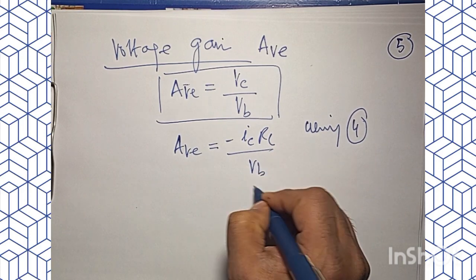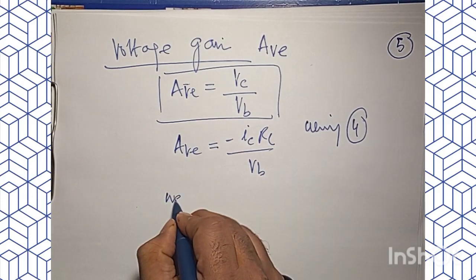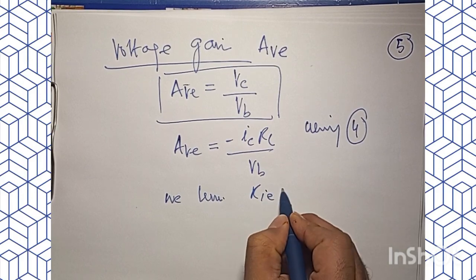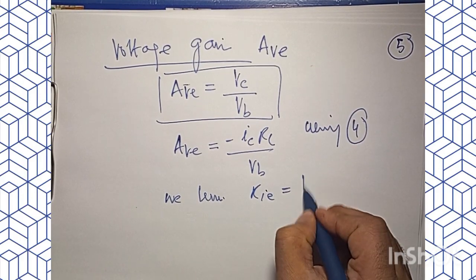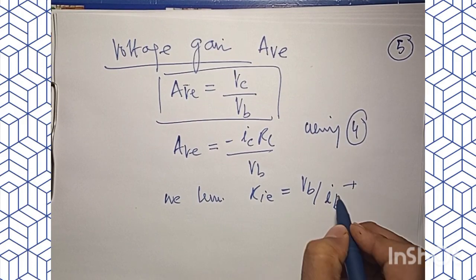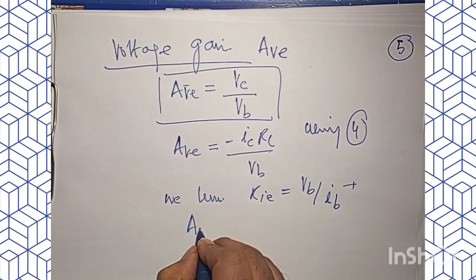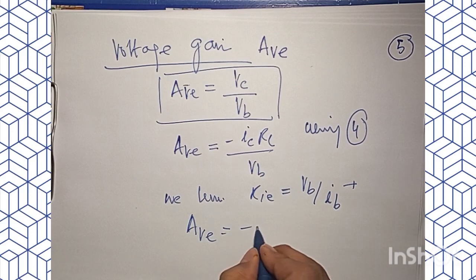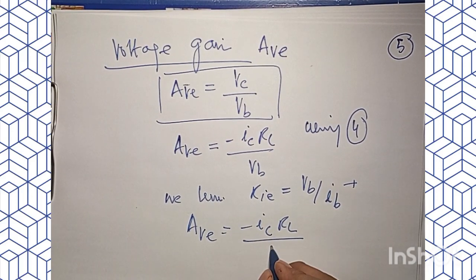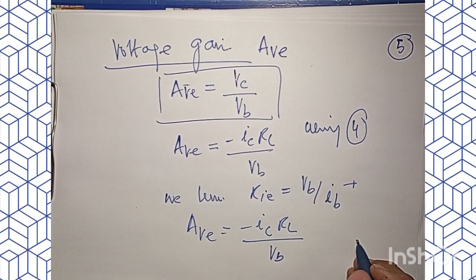We know that this RIE from its definition point of view is VB by IB. So I can use this thing here. What I will get is AVE is minus ICRL divided by VB.